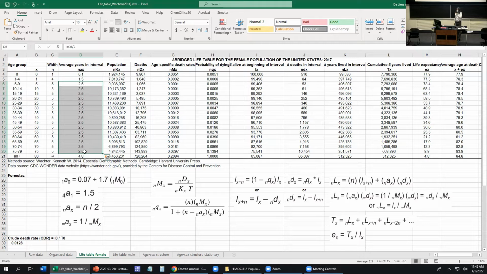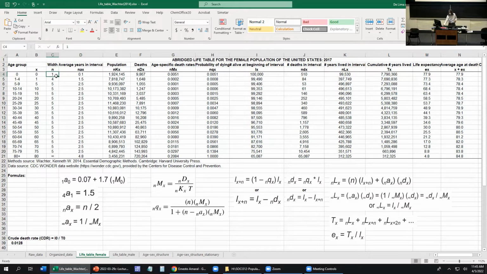But there are some specificities here. For babies who die before reaching age 1, their chance of dying is much closer to age 0 than to age 1. So it's not just dividing 1 by 2.